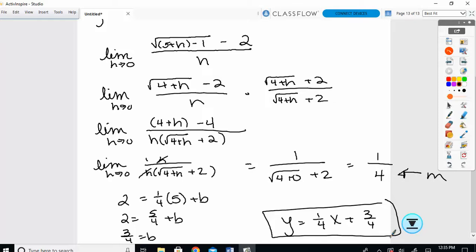Alright, so if I ask for the equation of a tangent line, we have to do the derivative to get the slope and then write the equation. Can we do that? Yes. Okay.